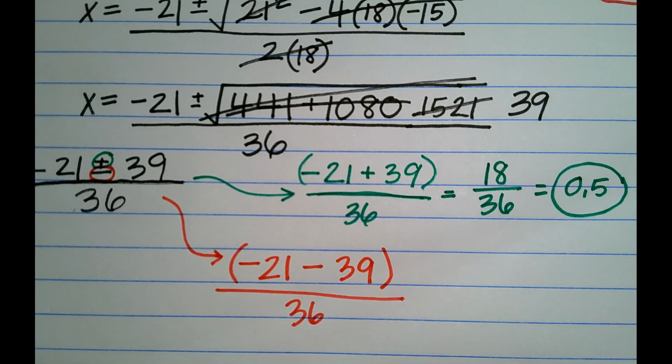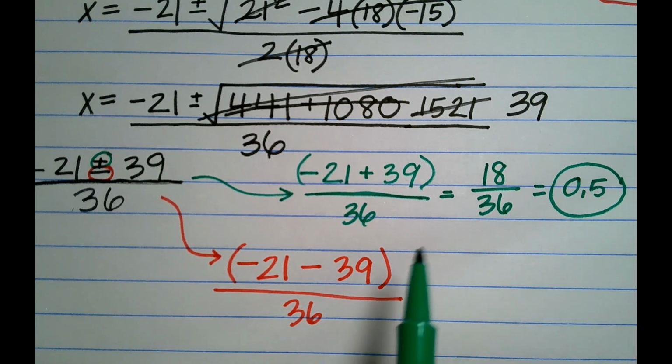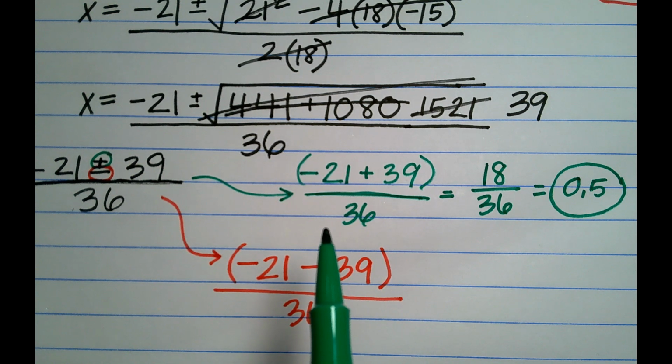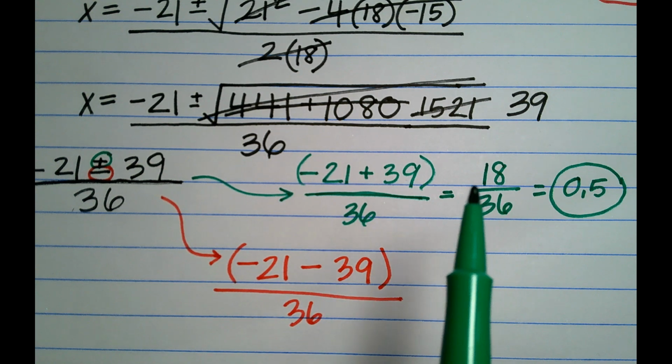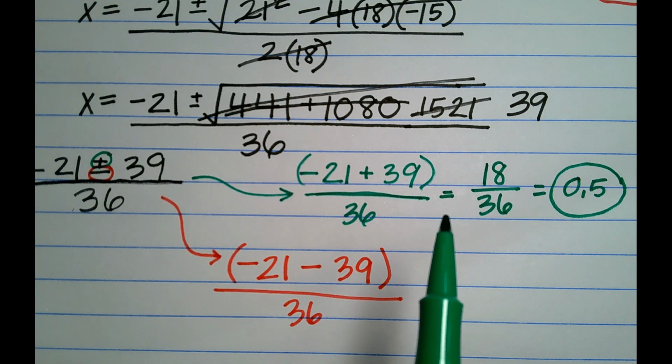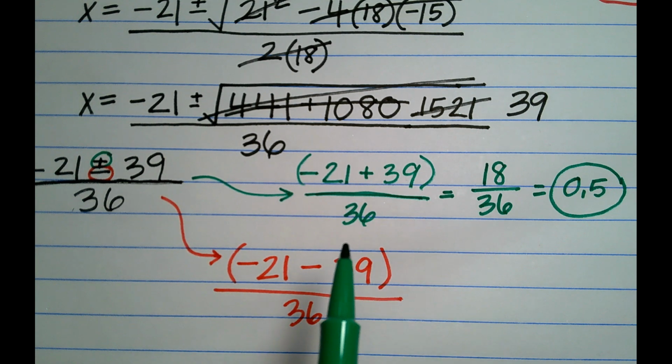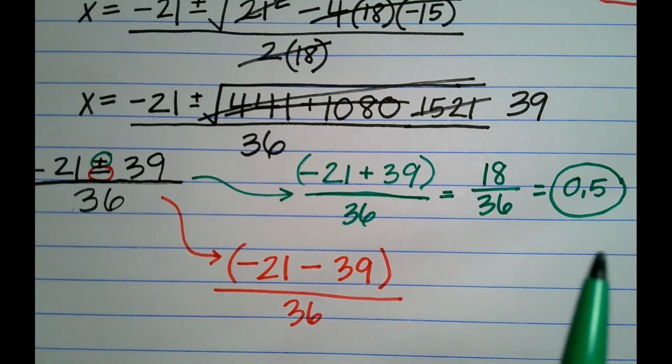Yes? When you're simplifying that, the first addition to get the 18 over 36, do I have to write that one? Because sometimes when I just go... If you don't write it, I'm not going to take points off. But if you get a wrong answer and maybe you typed it in all at once and forgot and don't have this written out, I won't be able to see what you did wrong.